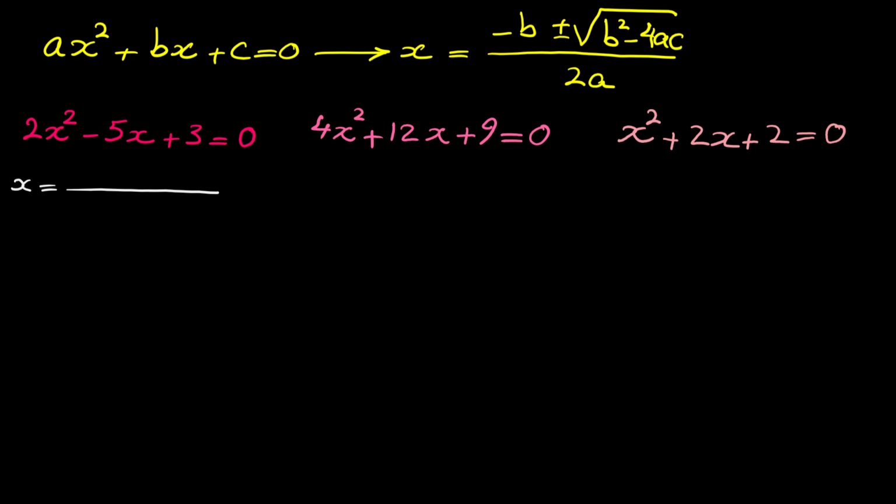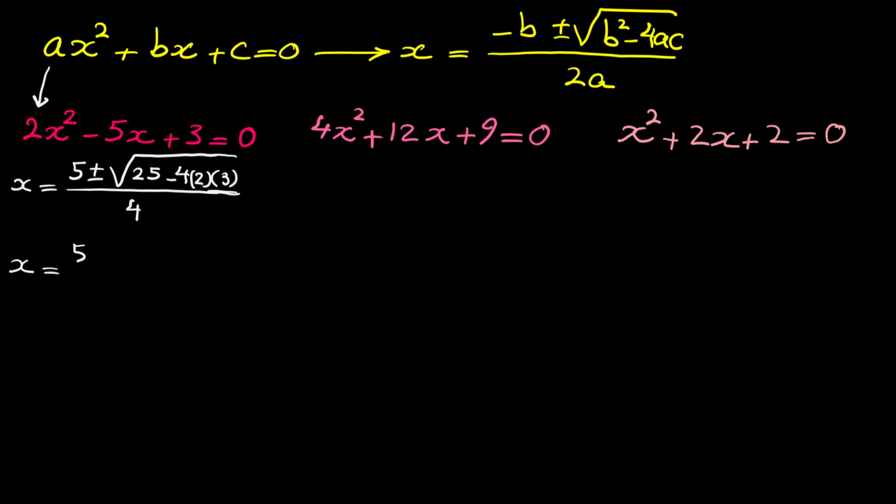So x equals 5 plus or minus the square root of b^2, negative 5 to the power of 2 is 25, minus 4 times 2 times 3, all over 2a. a is 2, so 2a is 2 times 2, which is 4.